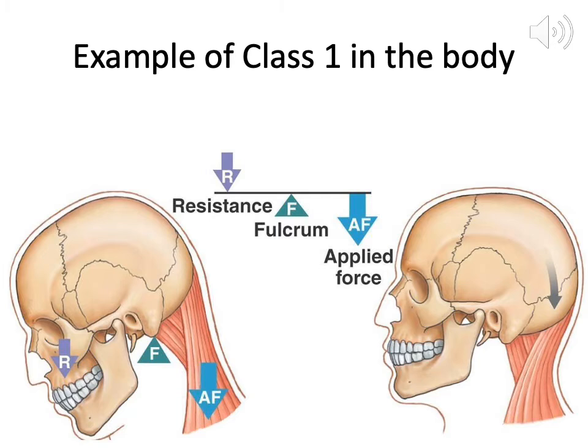The fulcrum is the joint between the atlas and the occipital bone, so this is called the atlanto-occipital joint. And the effort comes from the posterior neck muscles. The action of lifting the chin up and nodding the head down would be the seesaw action of the first-class lever system.